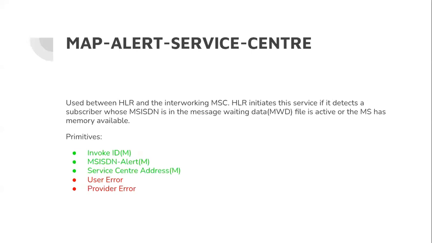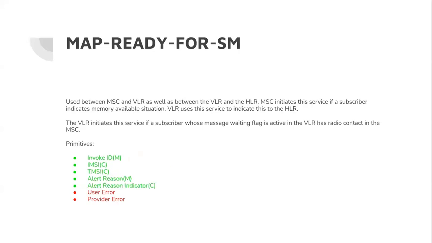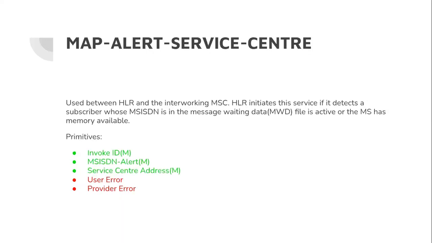So now, in this ready for SM, the MSC is what is alerting the HLR. Now, alert service center is used between HLR and the interworking MSC. So HLR initiates this service if it detects the subscriber's MSISDN is in the MWD and is active, or they have memory available.